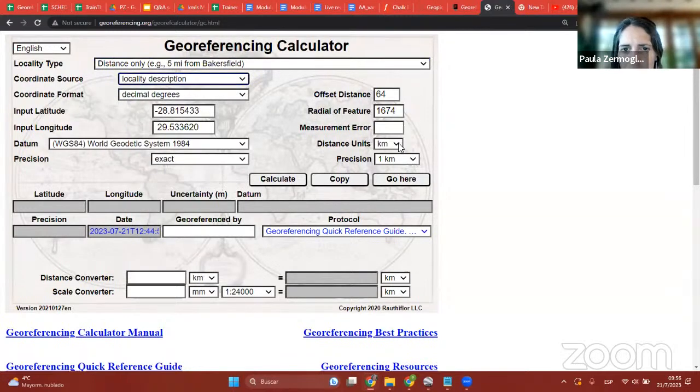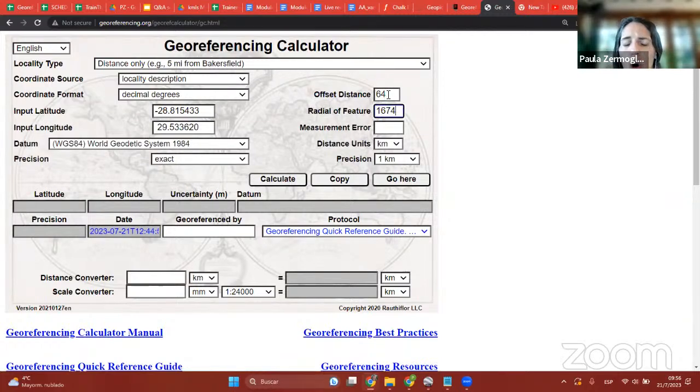Number one, the units have to be consistent for all the values that we're putting here on the right. If I'm putting precision, radial and offset in kilometers, this has to be kilometers. I cannot put this in kilometers and this in meters. Everything has to be in the same unit, so one or the other, we need to convert.